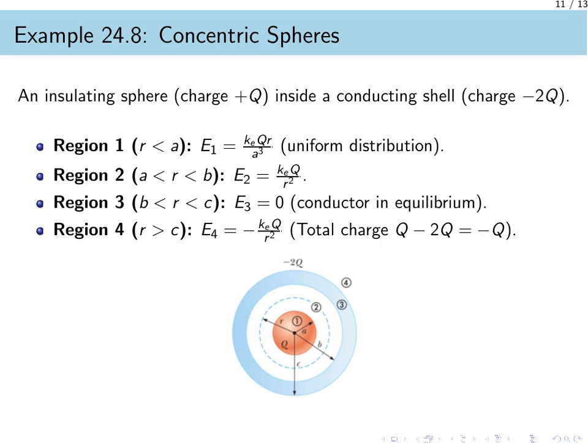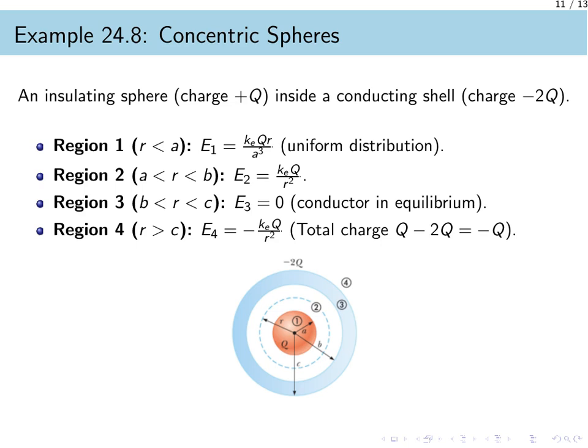In region 1, inside the insulating sphere, the field increases linearly, with E1 equal to Ke times Q times r divided by the sphere's radius a cubed. In region 2, the gap between the objects, the field behaves like a point charge, so E2 equals Ke times Q divided by r squared.